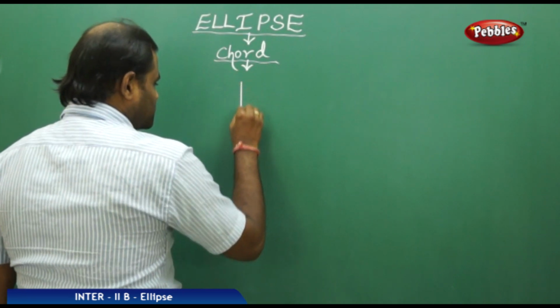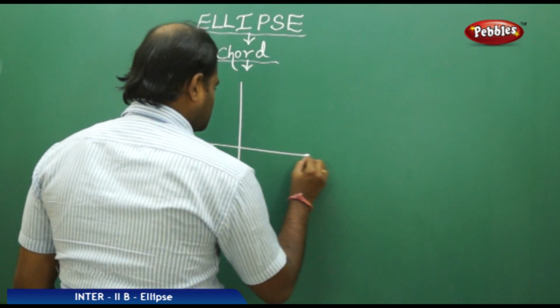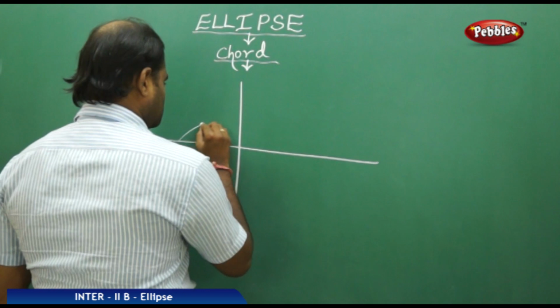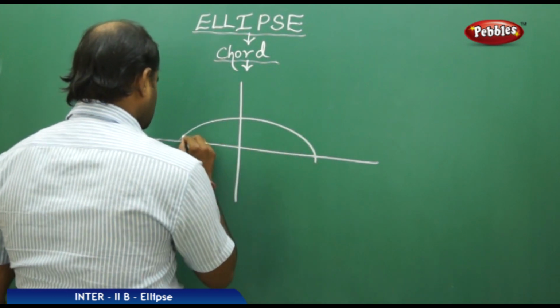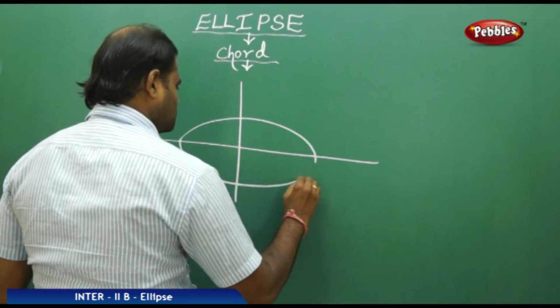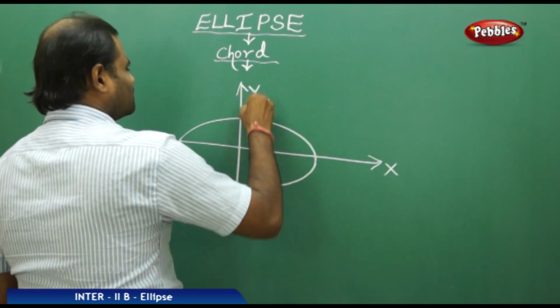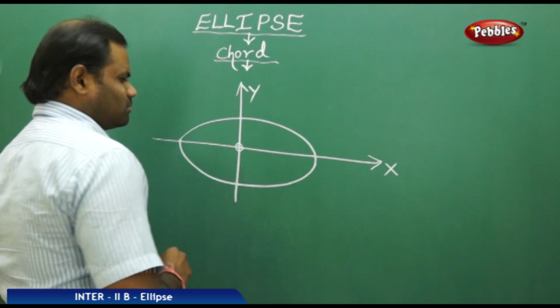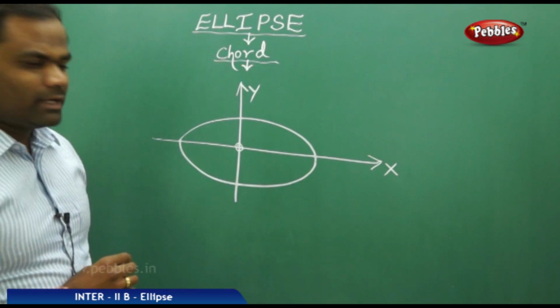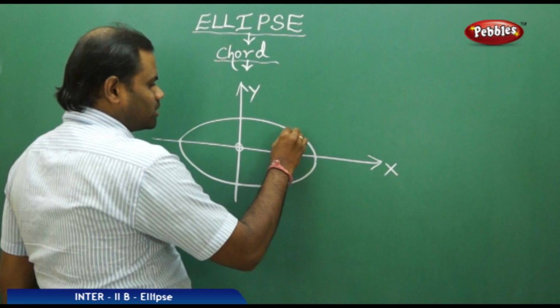For example, I take the ellipse with x-axis, y-axis and origin. Then the chord of the ellipse is the line joining any 2 points of the ellipse.